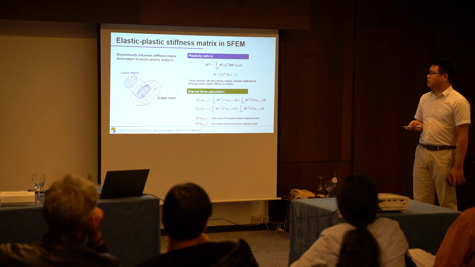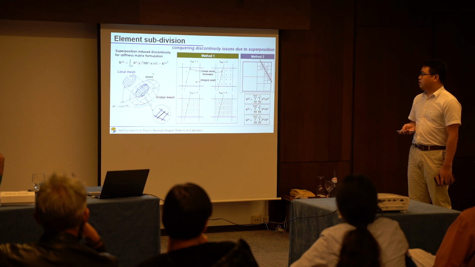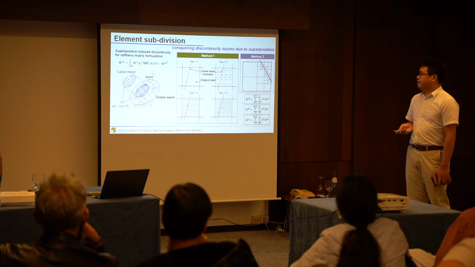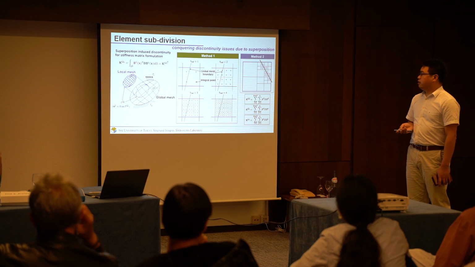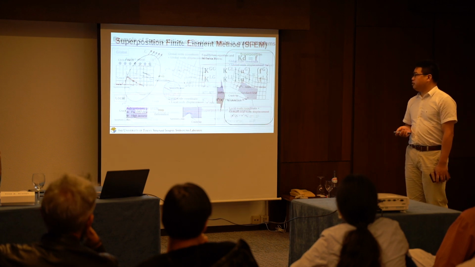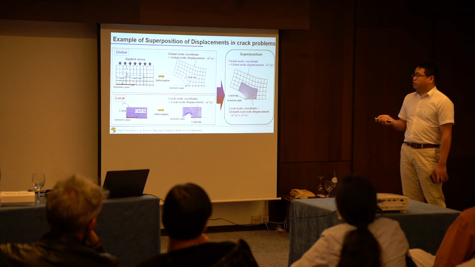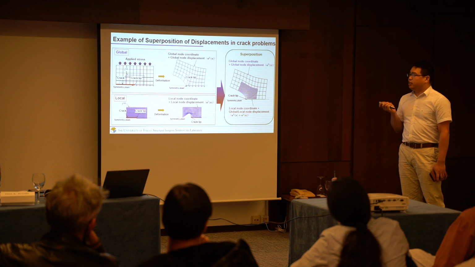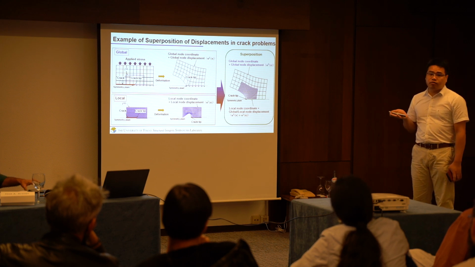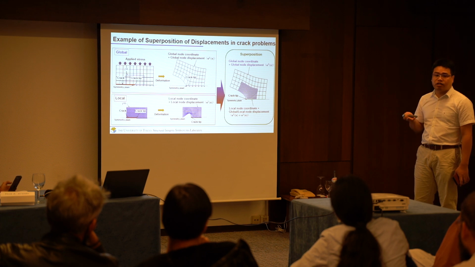I will find the displacement field from the previous slides. This is the displacement field from the global mesh. For the elastic problem, we have the analytic solutions, and we compared the solutions.